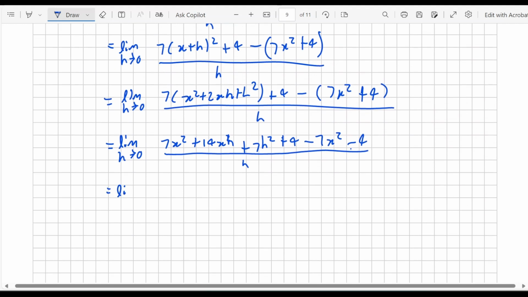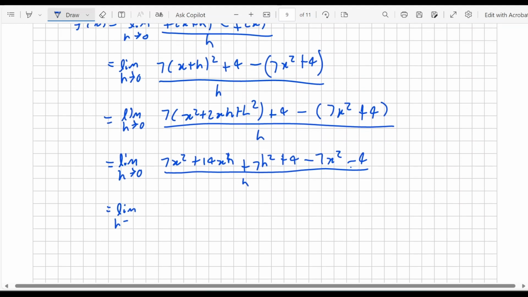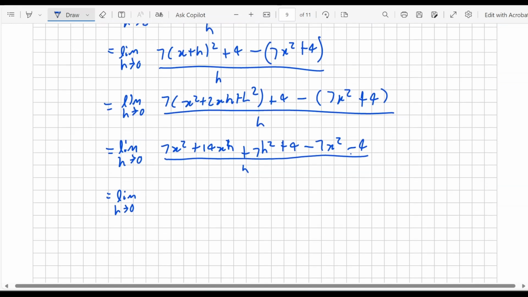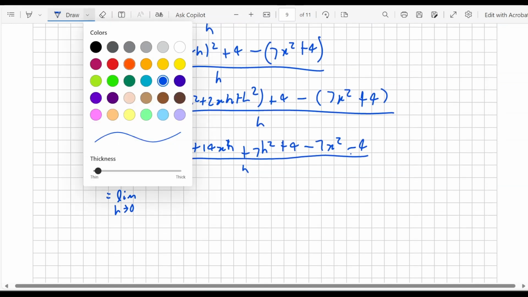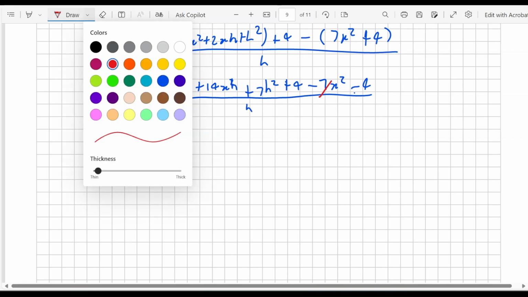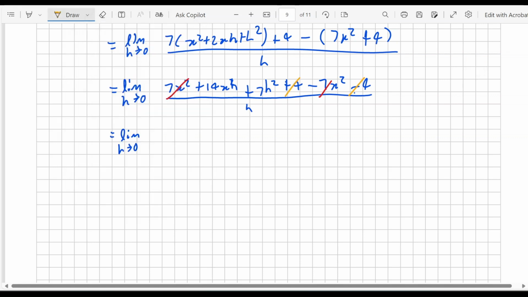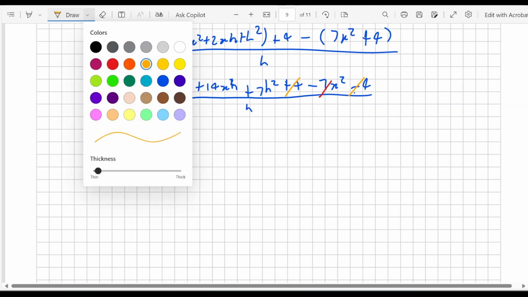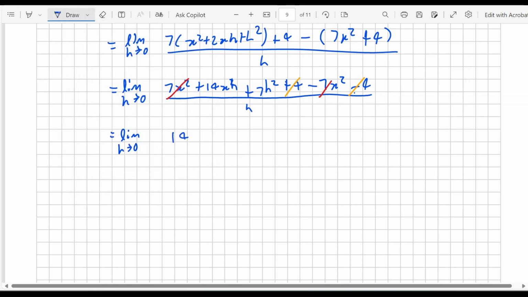The 7x squared and the 7x squared are going to cancel off with each other. You've also got the plus 4 and the minus 4 cancelling off with each other. So this is 14xh plus 7h squared on the top, and it's h on the bottom.